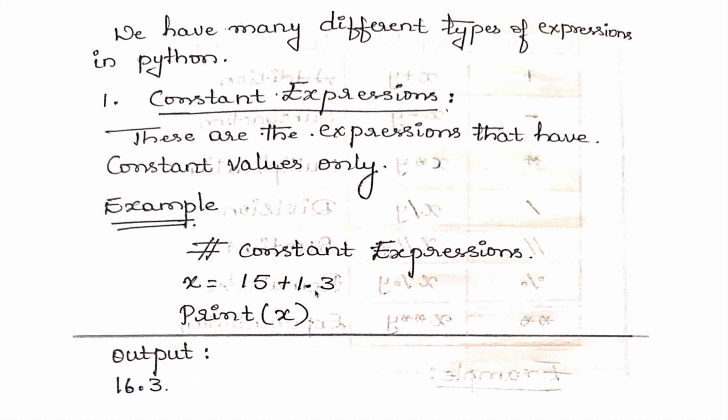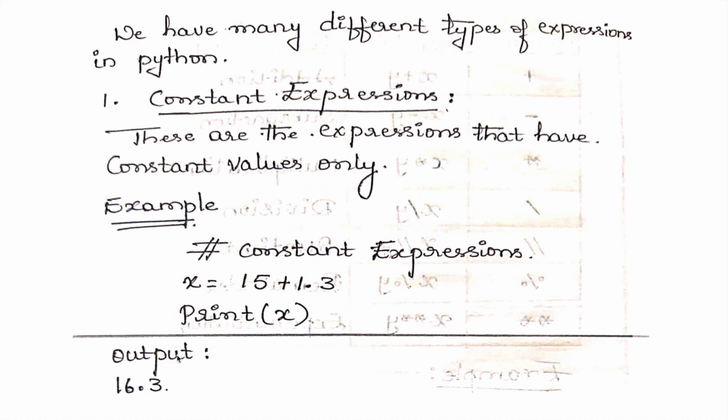So constant means values are fixed. So the expression that contains constant values can be called a constant expression. According to this example, this is a constant expression. It is going to add 15 plus 1.3 and print the result, and the result is 16.3.